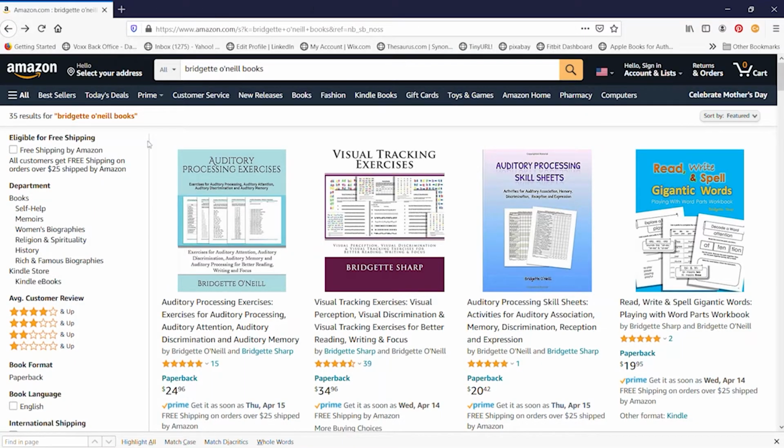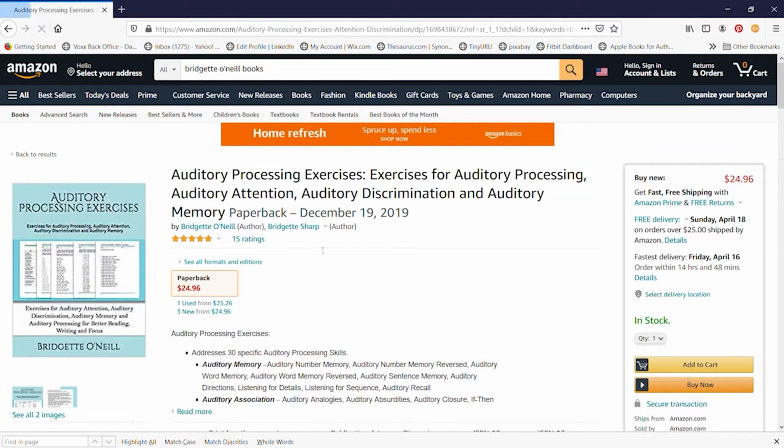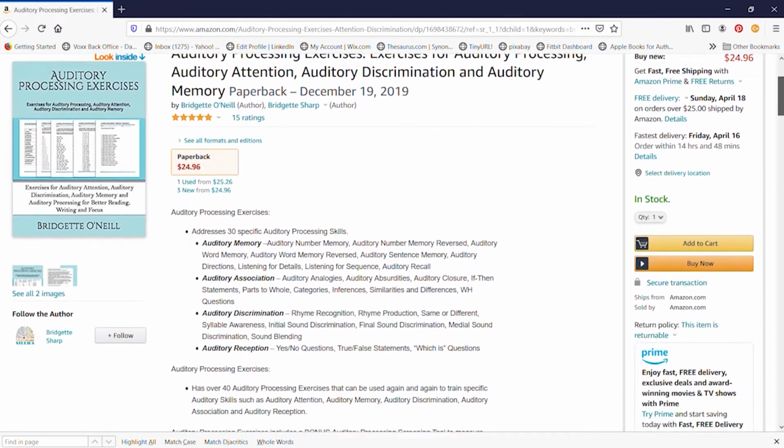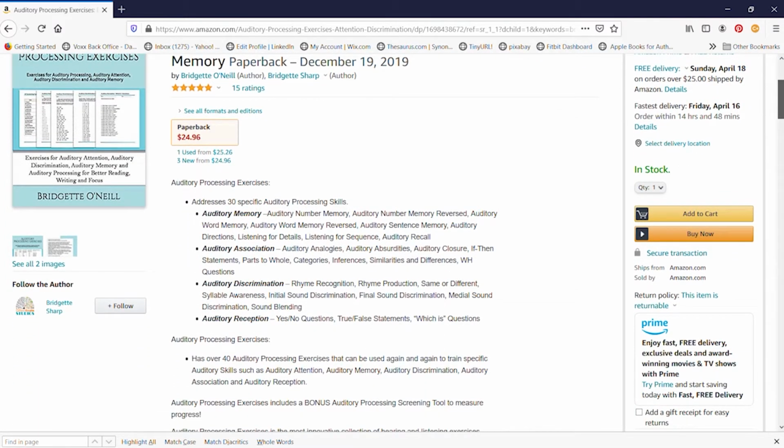You can see I just went to Amazon.com, Bridget O'Neill Books, and there it is, Auditory Processing Exercises. Exercises for auditory processing, auditory attention, auditory discrimination, and auditory memory. Those are all sections within the book. And there's a little section there telling you what the exercises are, so you can kind of get a clue.